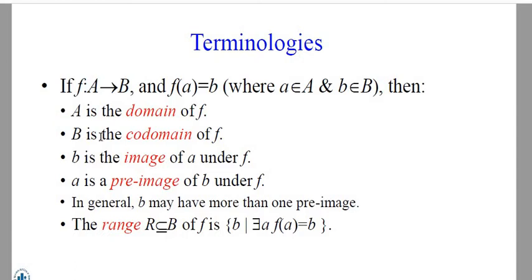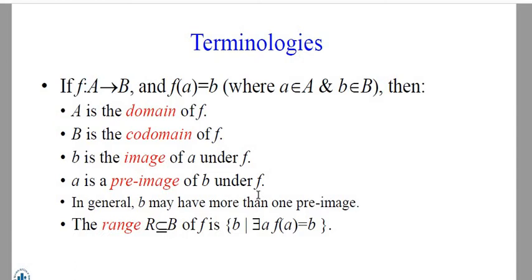B is also called the codomain of the function. B is the image of a under F. So b is called the image of a under the function, and a is the pre-image of b under the function. These are some terminologies we can read.